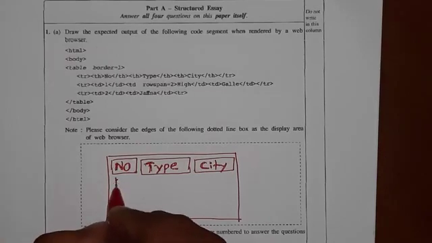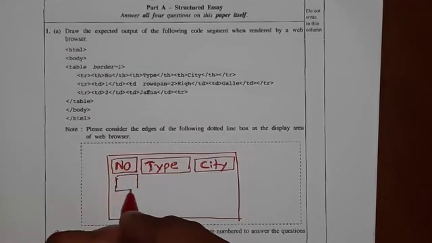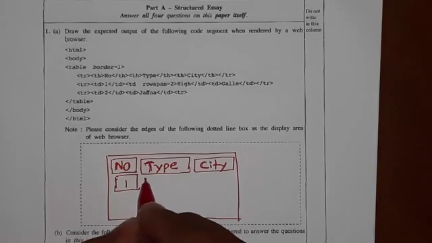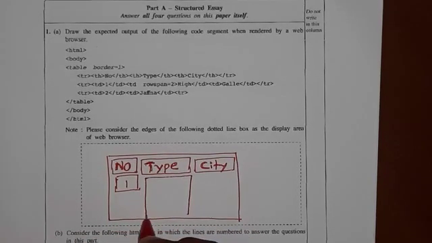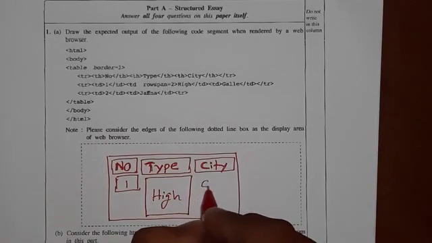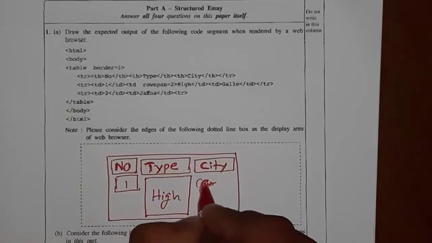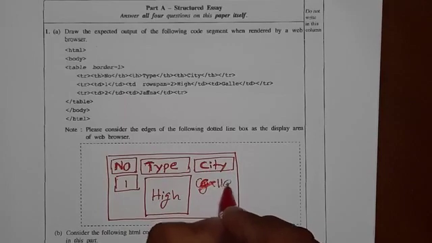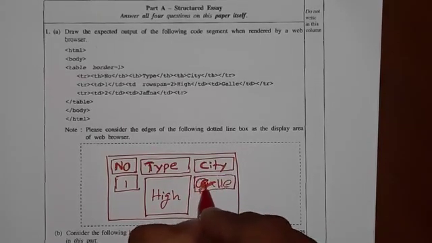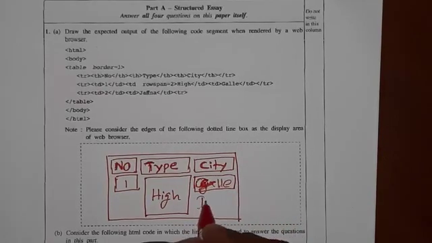Then in the second row, 1, then row span equal to 2, so this expands to 2 rows in this manner, it's high, then call. Call, G-A-W-L-E, call. Jaffna.